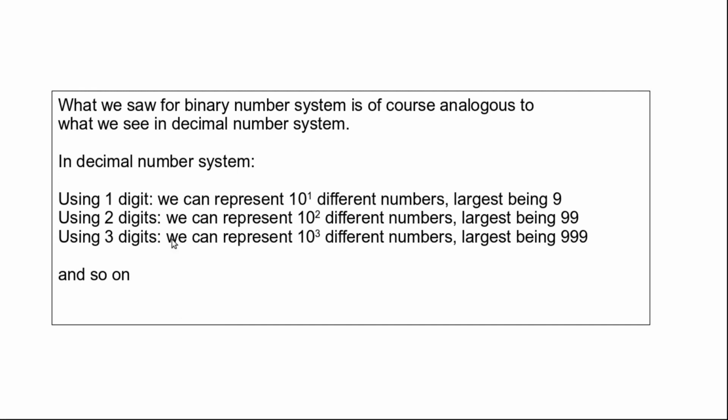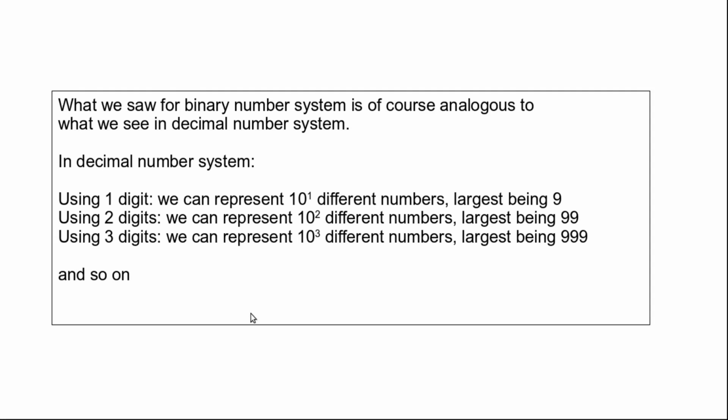And when we have three digits, we can represent 1000 different numbers, that's 10 to the power 3, and the largest being 999, and the range would be from 0 up to 999, and so on.